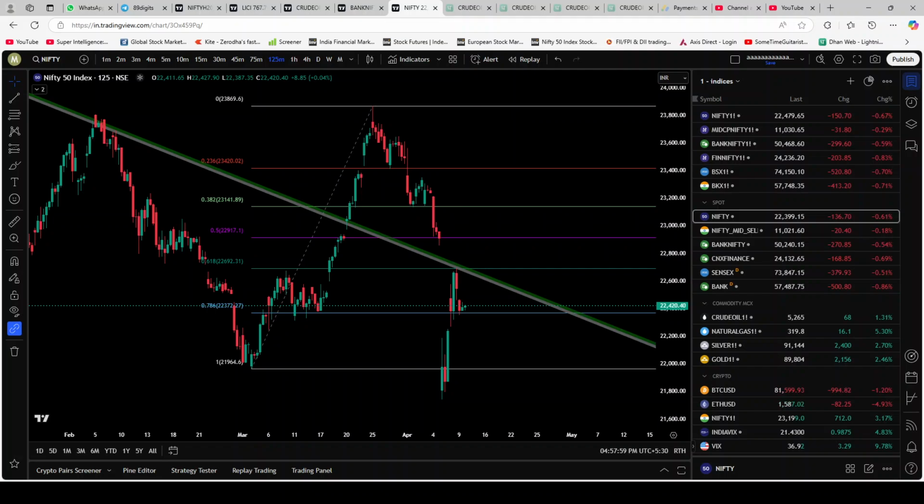The time frame for this particular video is 125 minutes. The reason it's 125 minutes is that our trading time for Nifty 50, Bank Nifty, and all of that is from 9:15 to 3:30. That is exactly about 375 minutes.